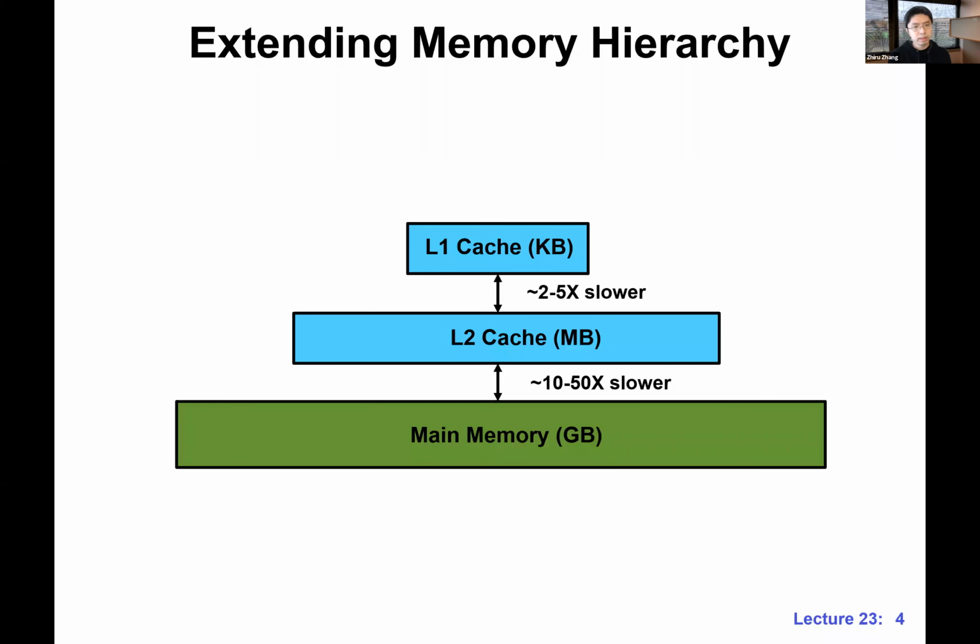So let's first try to answer the first question. We don't have enough data, and we want to further extend this memory hierarchy. We have talked about this: what kind of memory technology do we use to implement the cache? SRAM, DRAM.